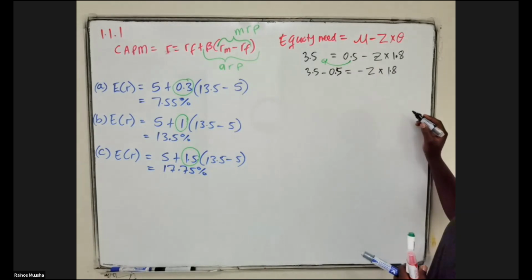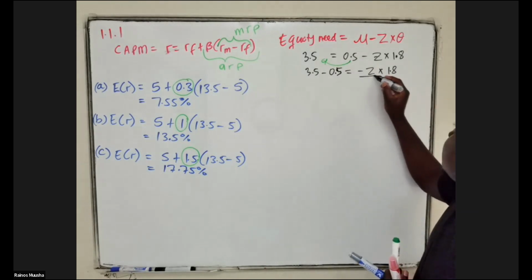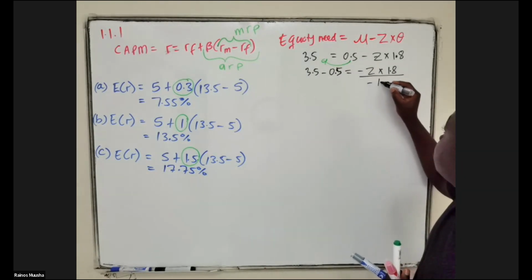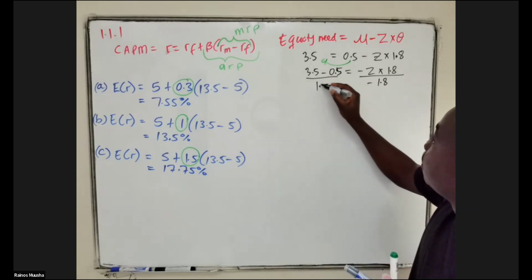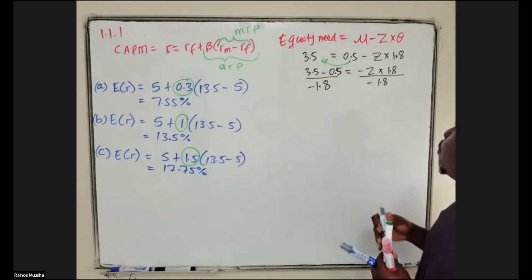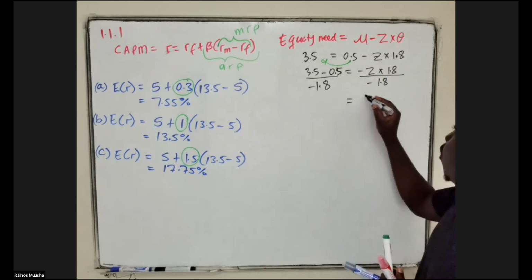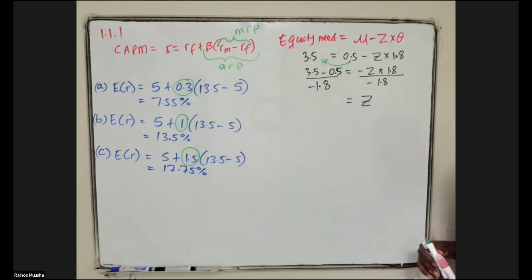Then you divide this side by minus 1.8 and that side by minus 1.8. If you do the calculation, how much do you get as the associated Z value?